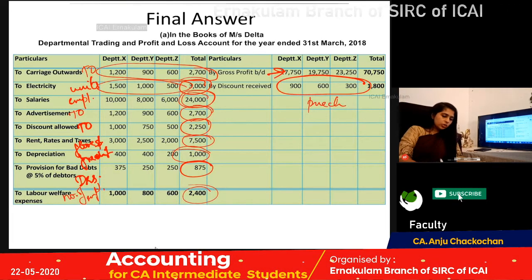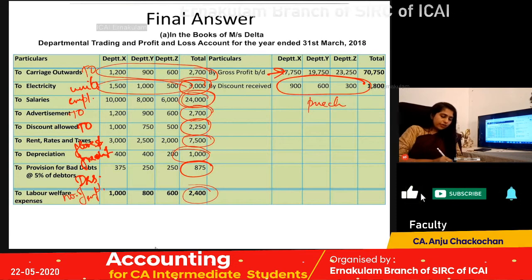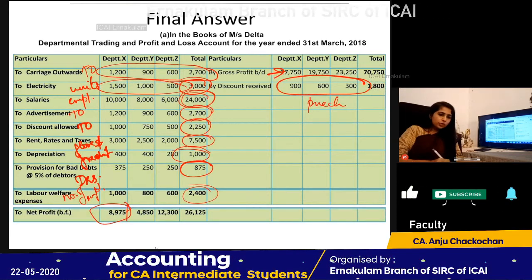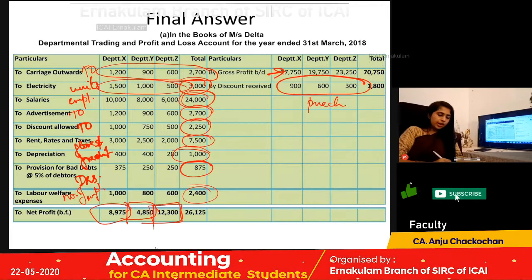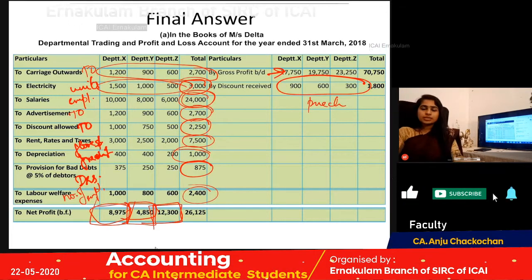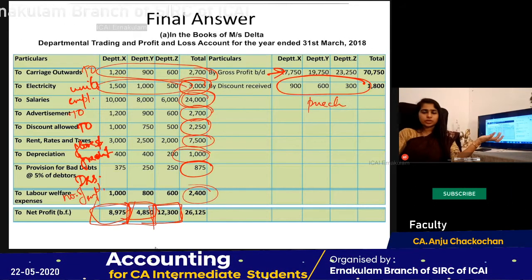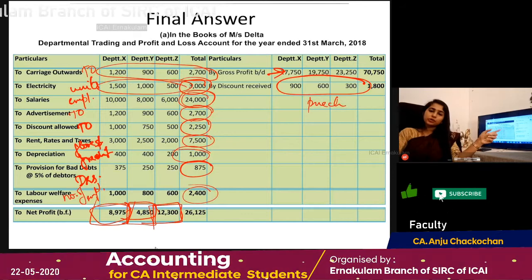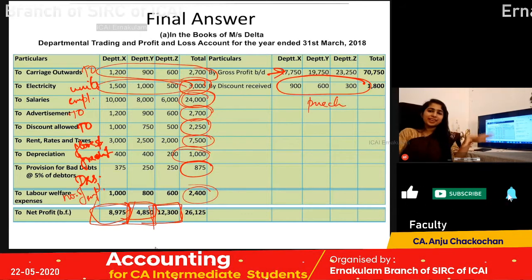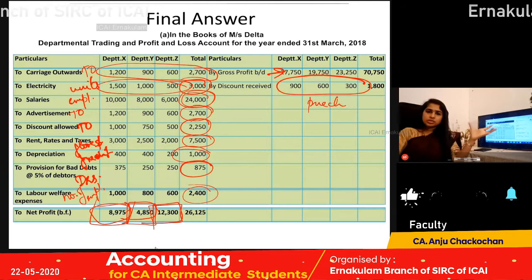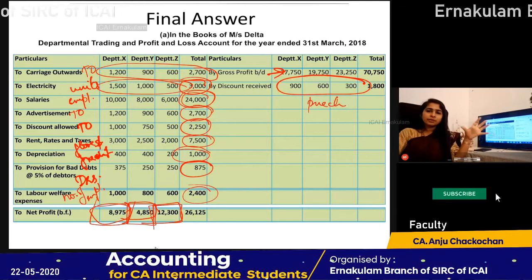All right, so it is just this: 8975, 4850, and 12,300 are the final answers for net profit. So this is it. We have all the common expenses given straight in the question. We also computed in our working note how we can obtain the ratios. Then we just have to rearrange it, right?